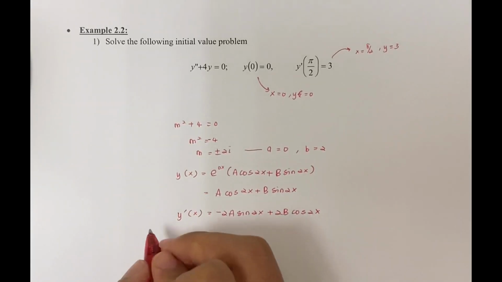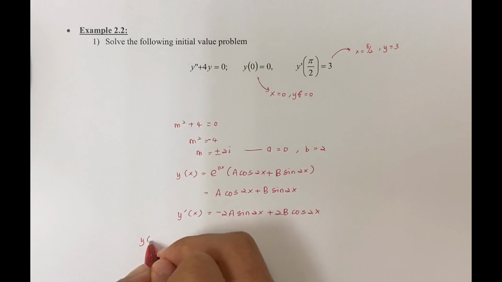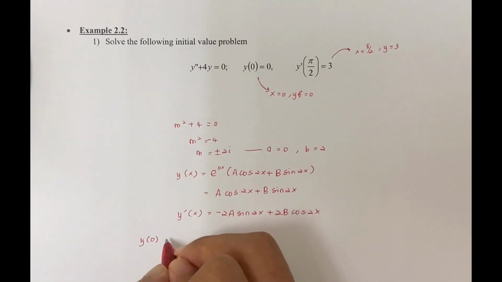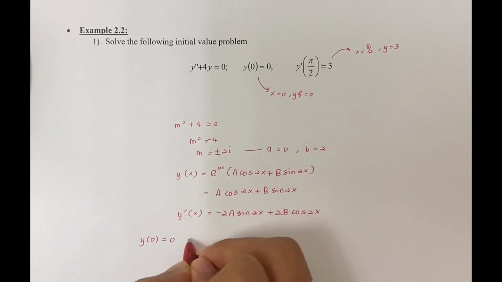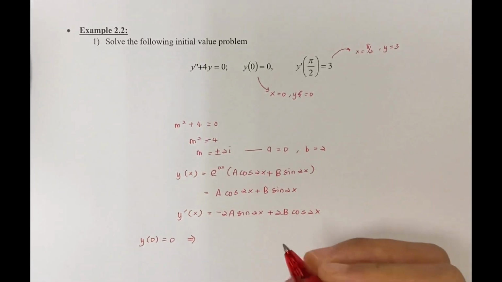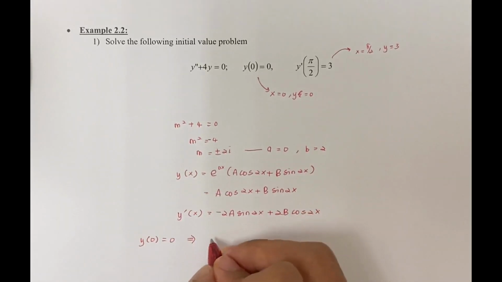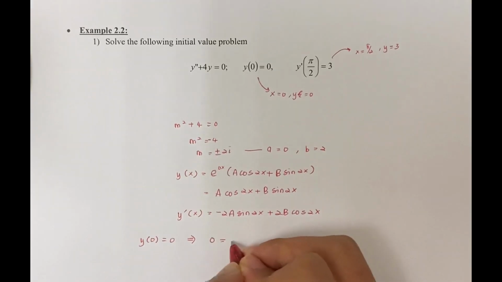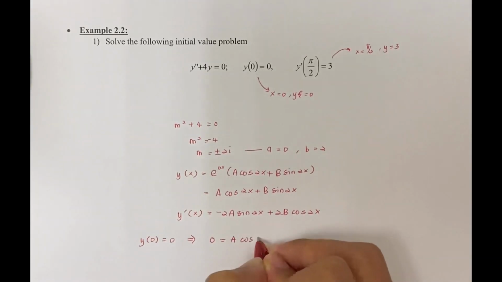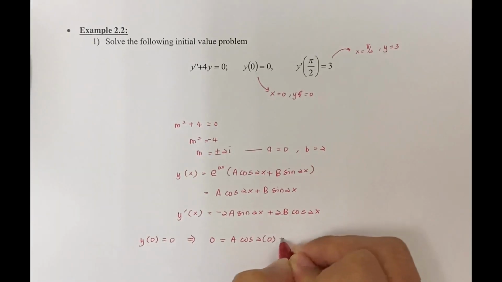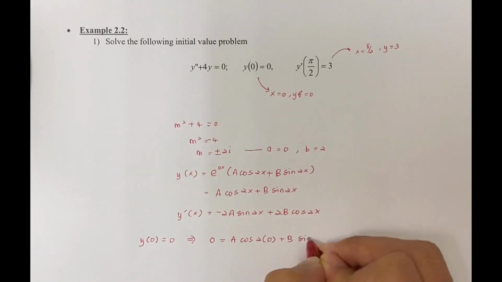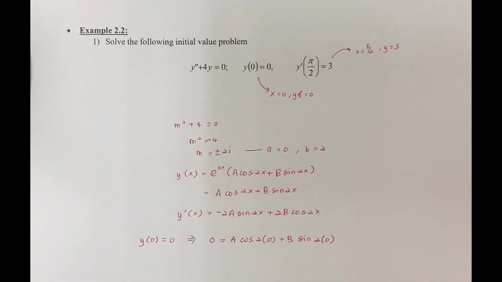Okay, next step is to substitute your initial condition. y(0) is equal to 0. So you have to refer to this equation. So 0 is equal to a cos 2(0) plus b sin 2(0). Substitute the value of x and y.